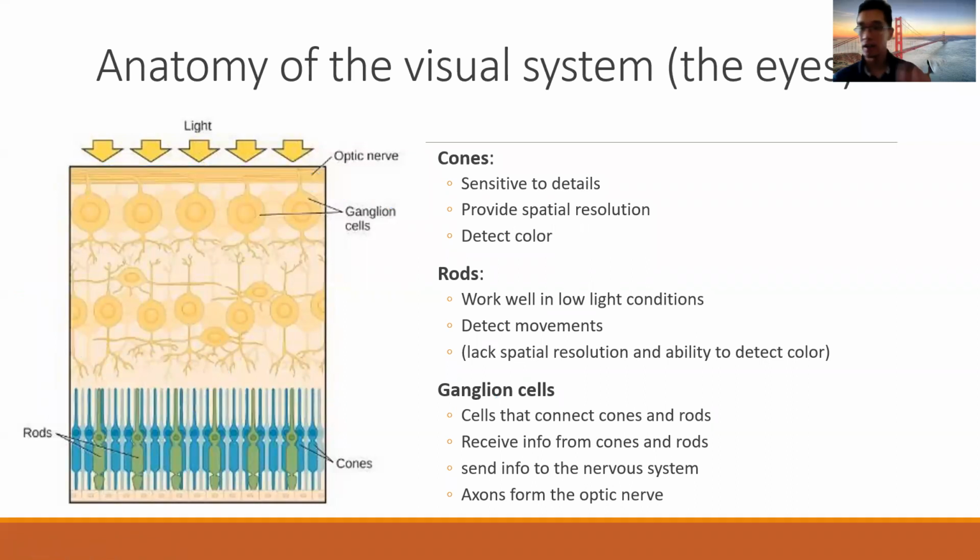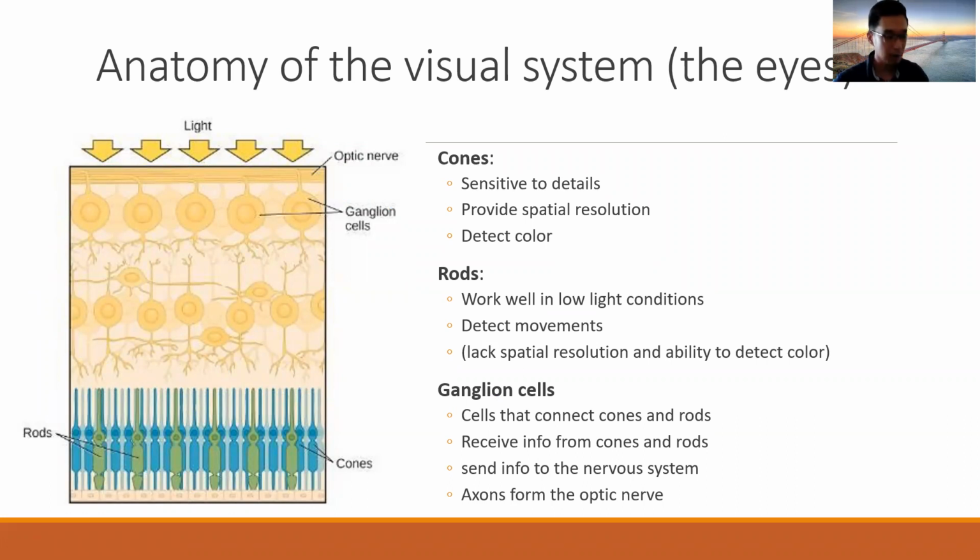That's how we can see things. The rods and cones in the retina, in the eyeballs, transfer the light into neural signals, and the information is sent to the ganglion cells, and ganglion cells send information to the brain.